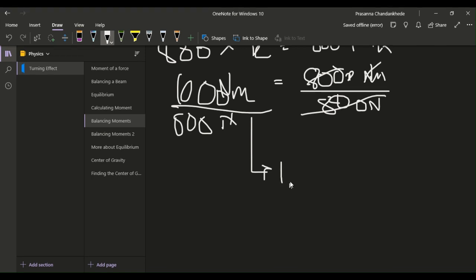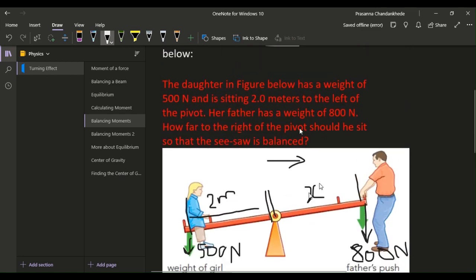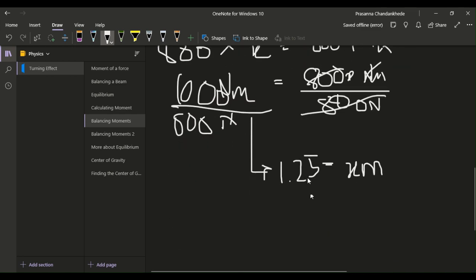Sorry for delaying. So x equals 1.25, and since it was distance, it will be m. So the final answer is 1.25 m.